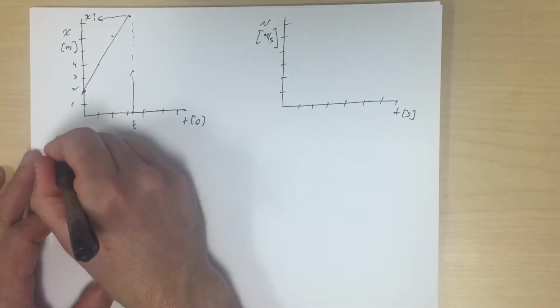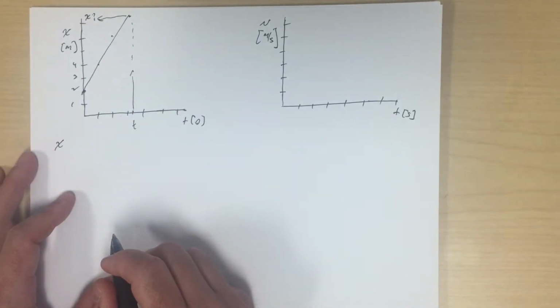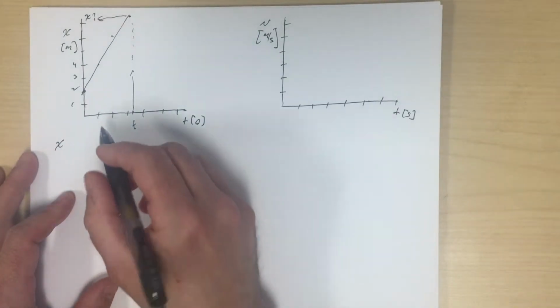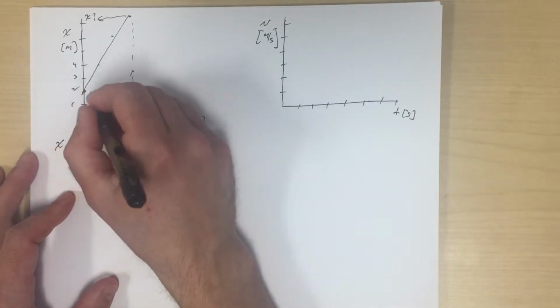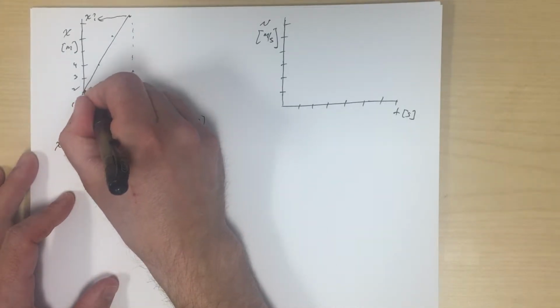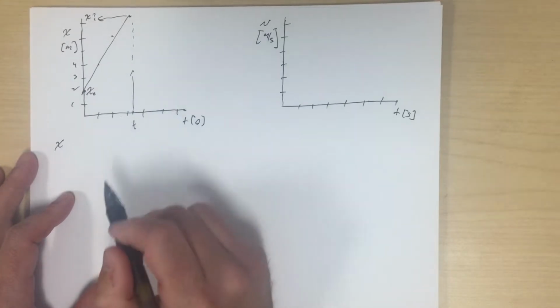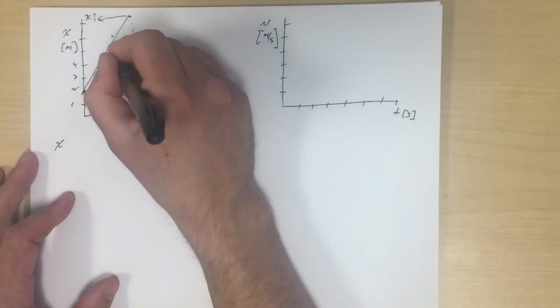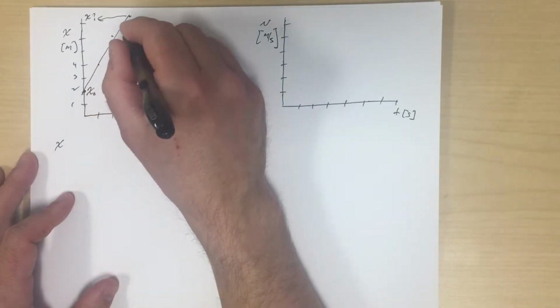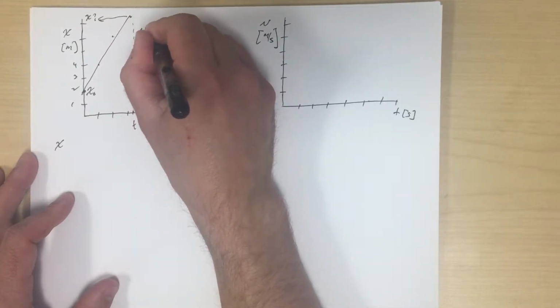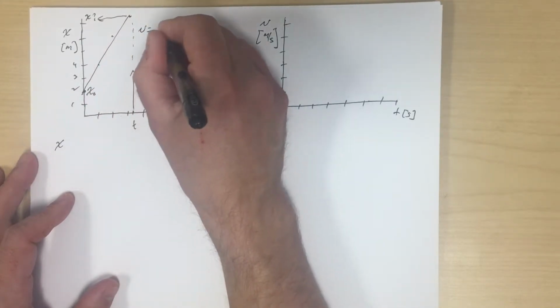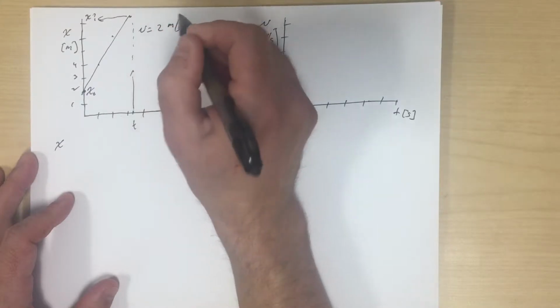We want an equation that relates the position at any given time to the various quantities, one of them being the initial position, which I'll denote with an x0, time, of course, and also the speed. And if you recall, the speed here is the slope of the position time plot, and in this case it's 2 meters every single second.